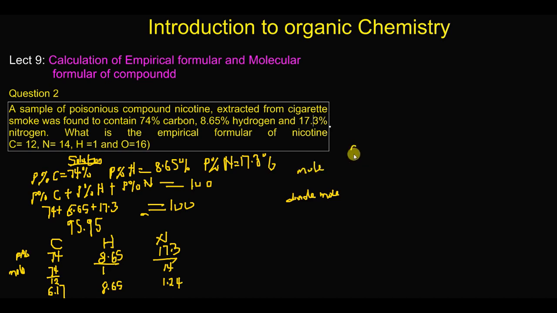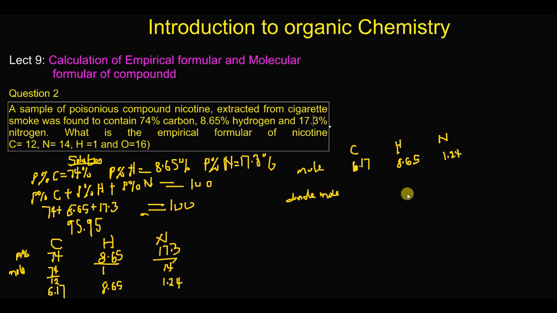So carbon, you got the mole to be 6.17, and here you got the mole to be 8.65, and here you got the nitrogen to be 1.24.